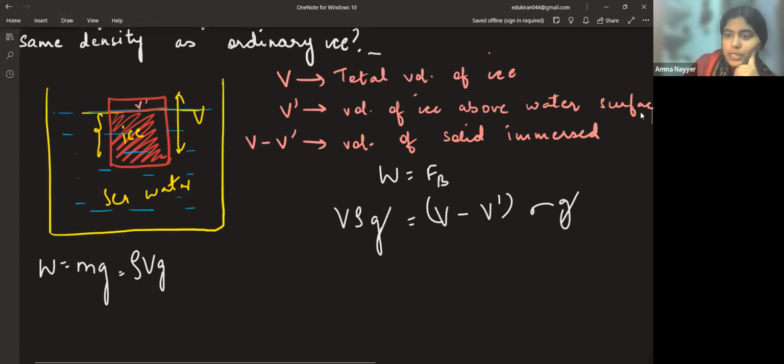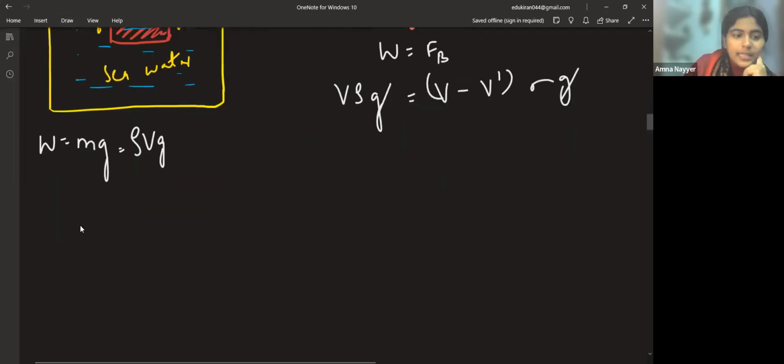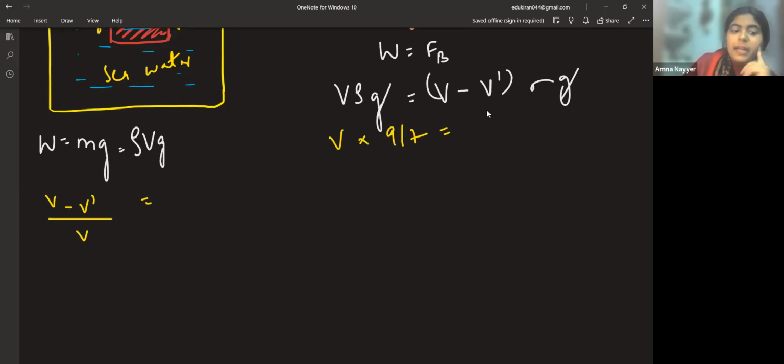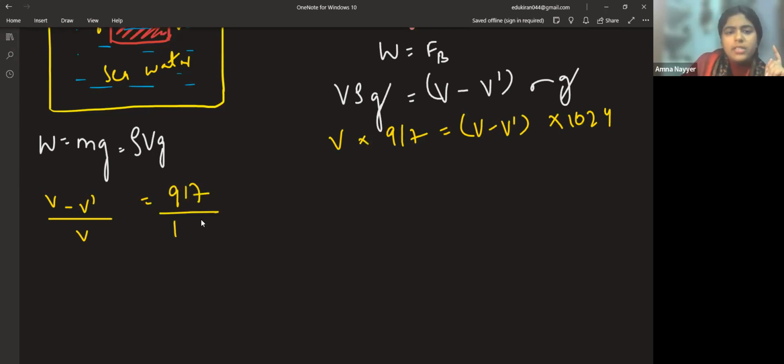So you are left with V minus V dash by V is equal to, V into density is 917. This is equal to V minus V dash, let's keep it like this, is equal to density is 1024. So from here, if I bring this V into the denominator and this 1024 into the denominator, I'll be left with 917 by 1024.